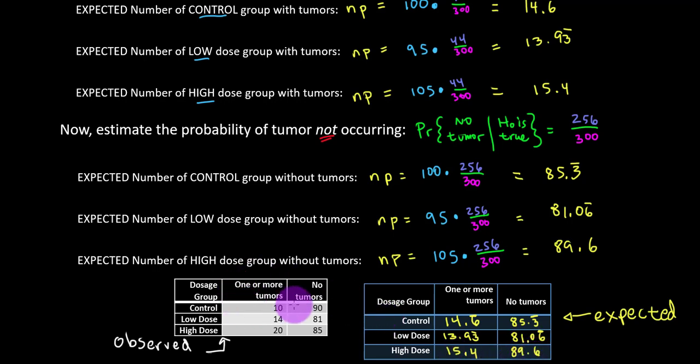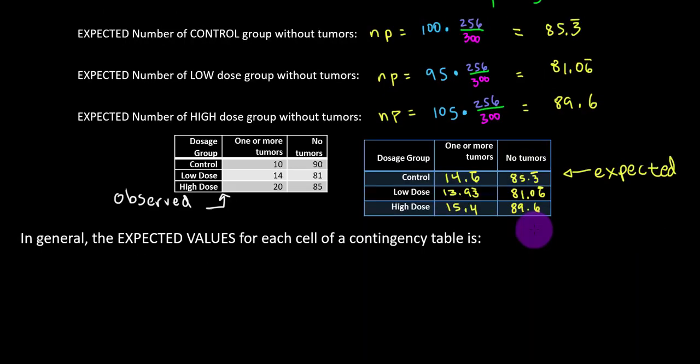Before we go crunching our test statistic, I know that this framework for determining the expected values here may have seemed a little convoluted. I wanted to show you the why, but here is a shortcut. In general, the expected values for each cell in a contingency table can be determined by the following shortcut formula.